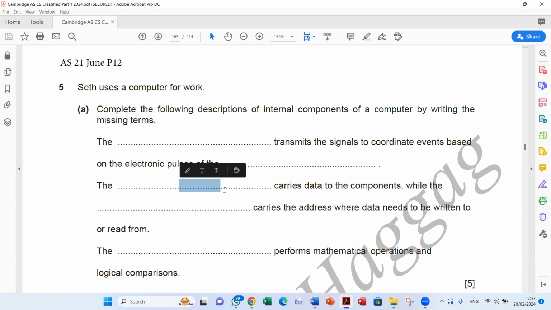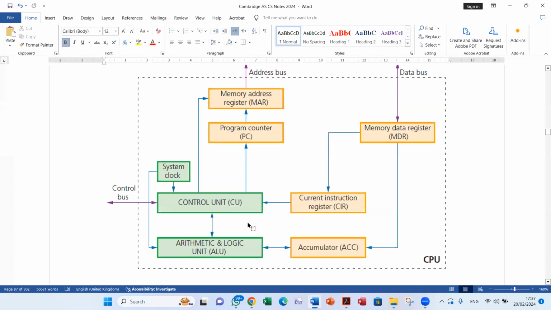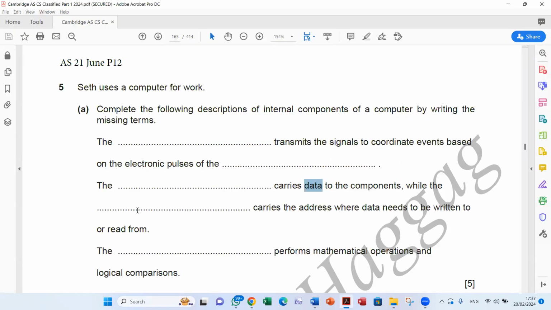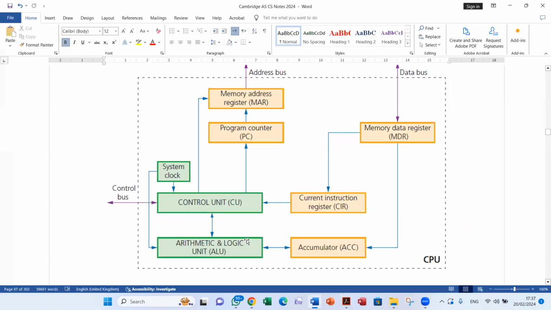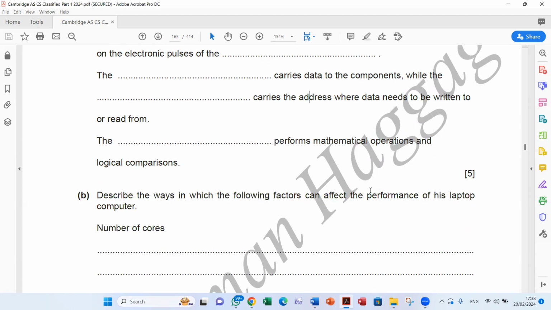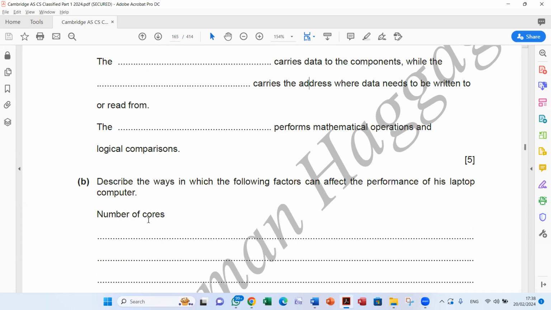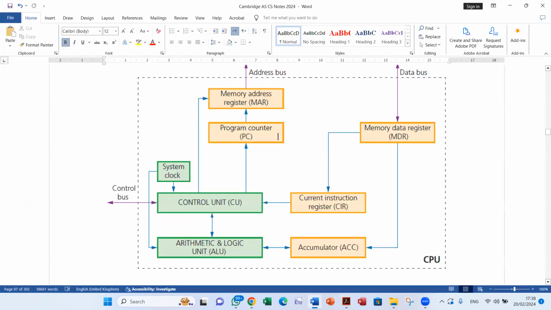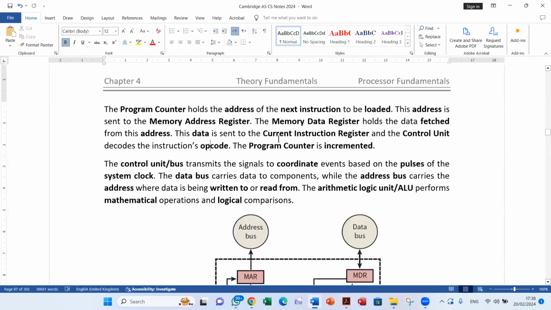The data bus carries data. It is so simple. Data bus carries data, while the address bus carries address. The arithmetical logic unit performs mathematical and logical operations. Okay? Let us talk then about the number of cores and more.